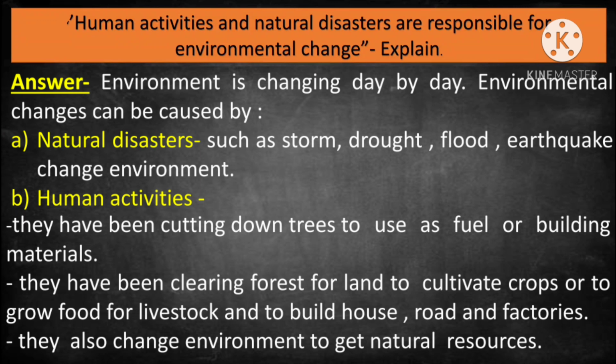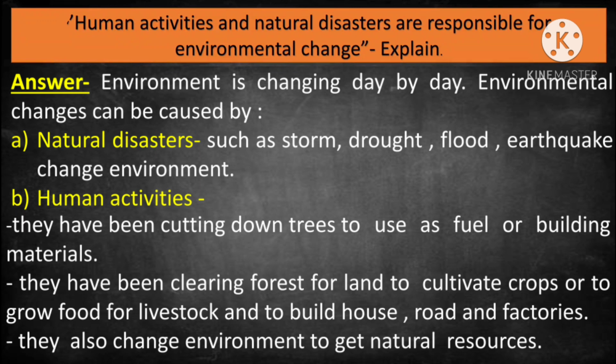You have to answer that human activities and natural disasters are responsible. Then you will explain what natural disasters and what human activities are responsible for environmental change. That's how there will be small changes in the question.